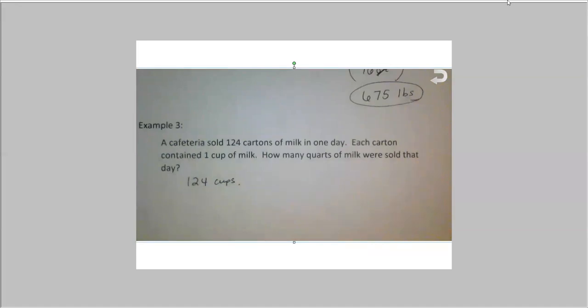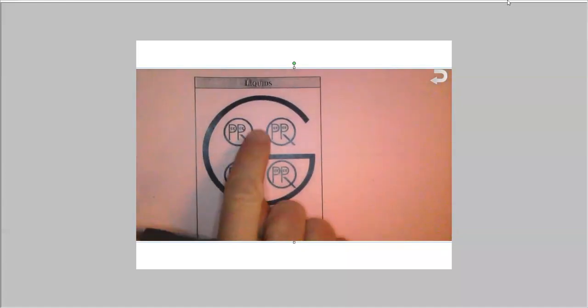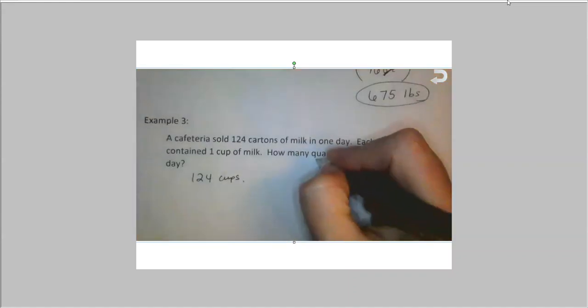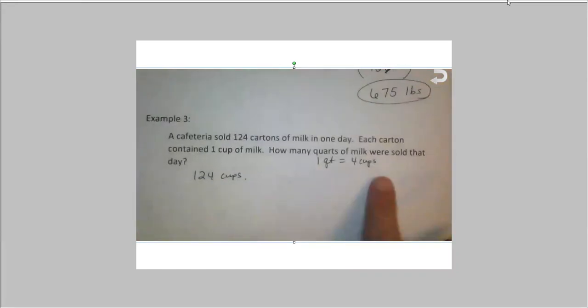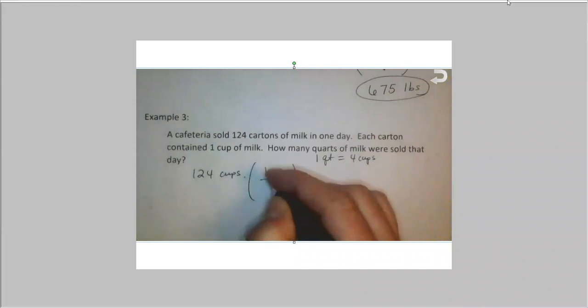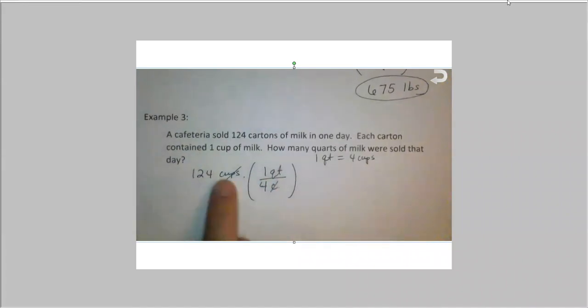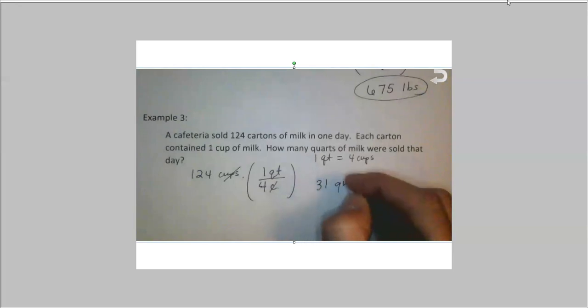And if I look, I'll bring this back up here. 1 quart has 4 cups, okay? So that says 1 quart equals 4 cups. That's my conversion rate. Cups can cancel diagonally. 124 times 1 divided by 4. That's going to be 31 quarts.